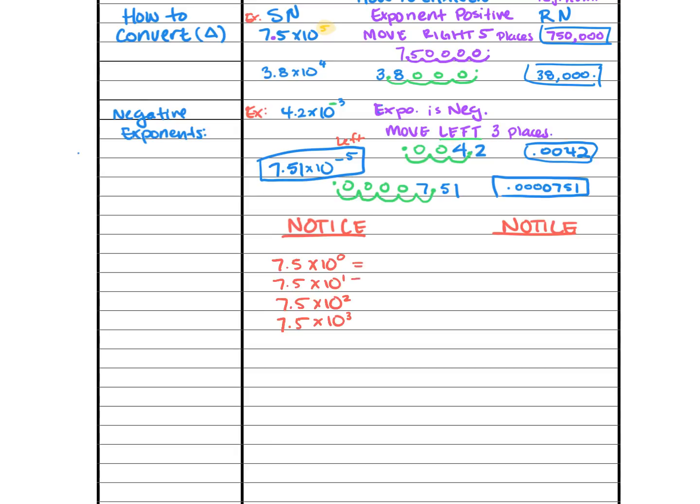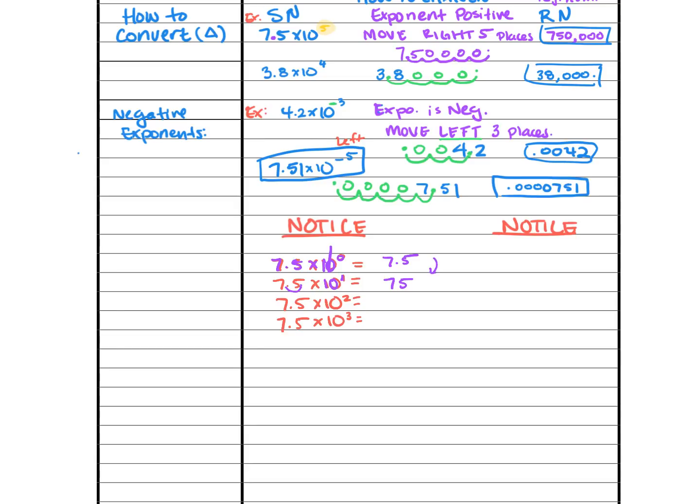What numbers are these? Well, what do you know about anything to the 0? Isn't that just a 1? So what's 7.5 times 1? 7.5. Okay, cool. Anything to the 1 is itself, so it's really times 10. So you move the decimal, it's positive, 1 to the right. Drop it. This is actually 75.